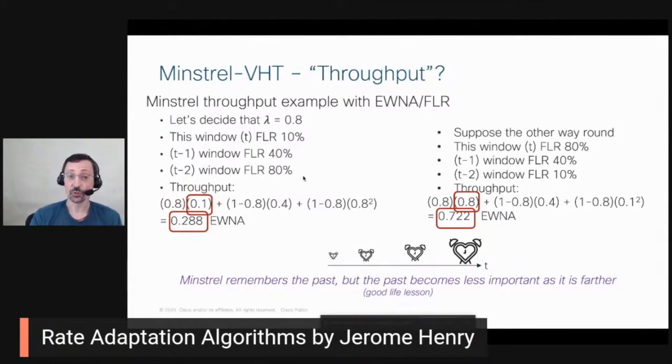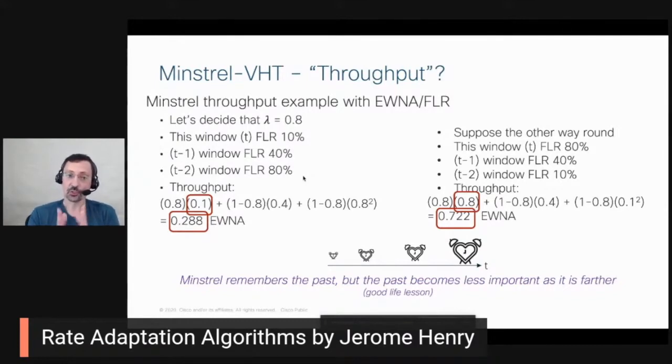Well, if you were just to compute this lambda times your loss rate, you would get 0.8 divided by 2, 0.08, which is okay. That's not giving you a good number. But if you start focusing on what the rate was before and before that, and you keep doing this, I'm showing you just a few windows, but imagine you can have a bunch of windows before, then you see that in the end you say, oh, my score for that rate is 0.288.